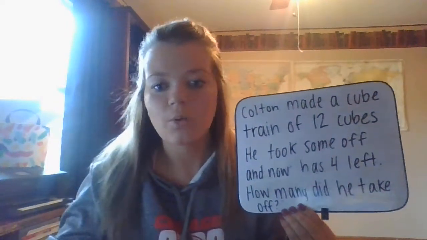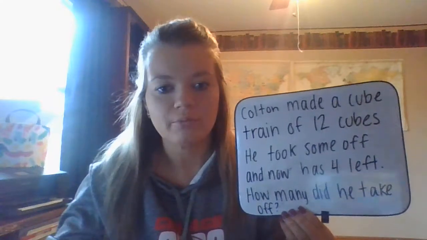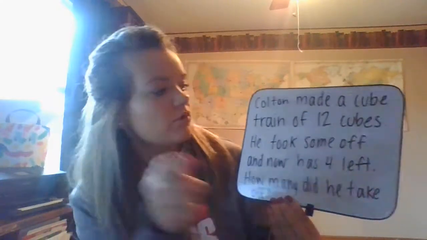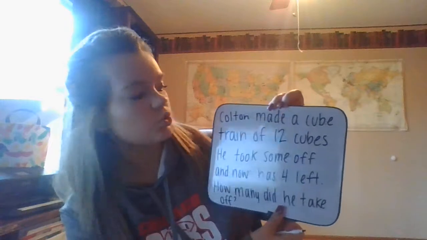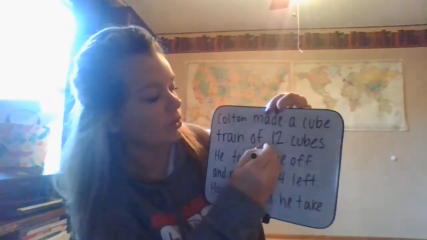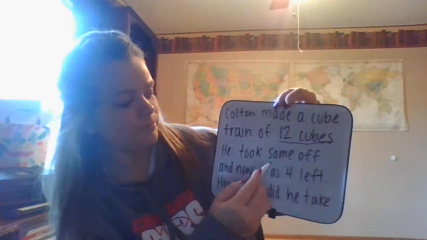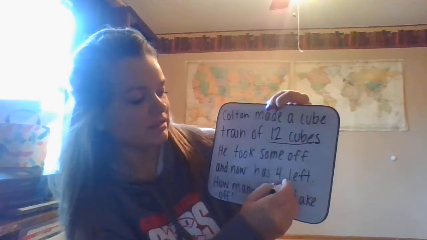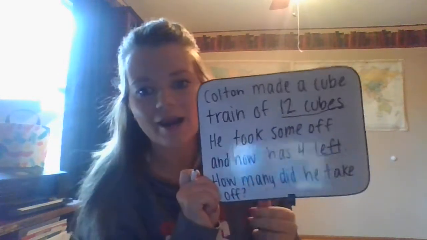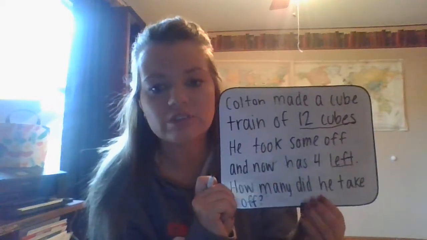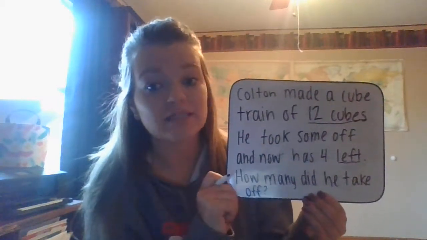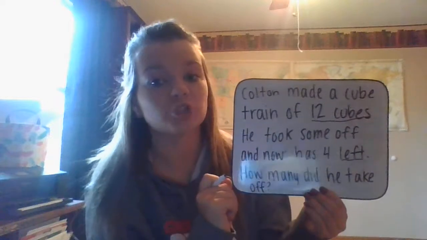Okay, so I'm going to underline my important information. If I'm looking at my word problem, 12 cubes is very important. I also see that they are using the word left. If you remember our anchor chart from class, if you see the word left, that might tell you that we're going to be working with subtraction.